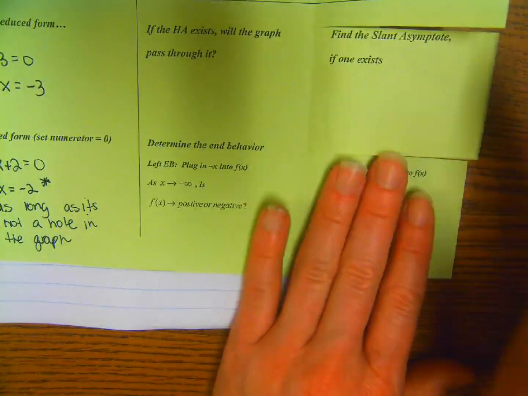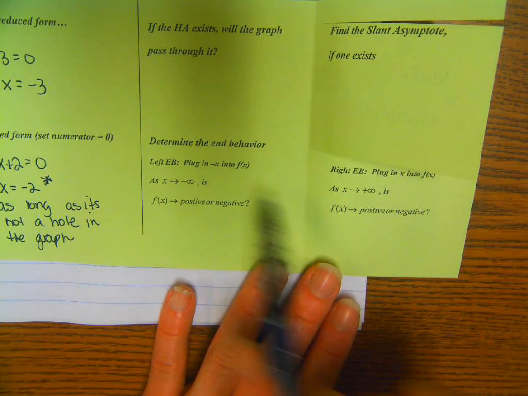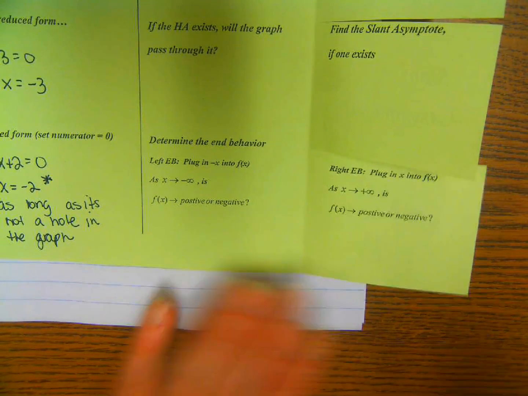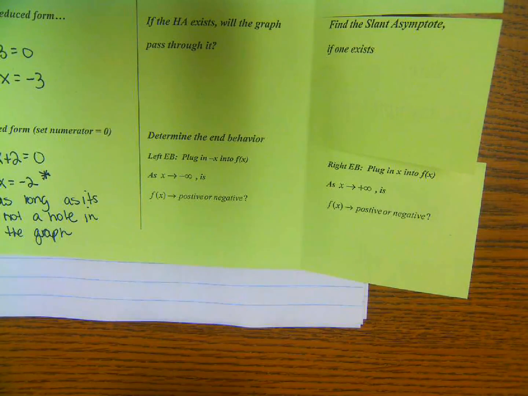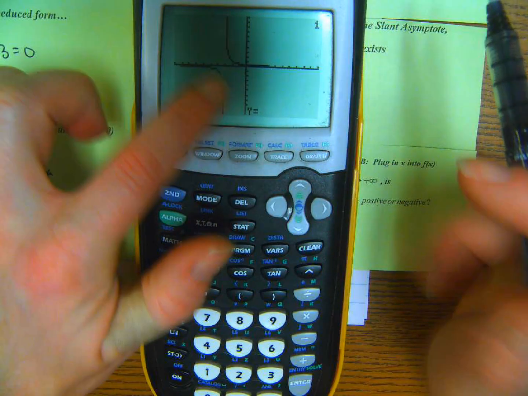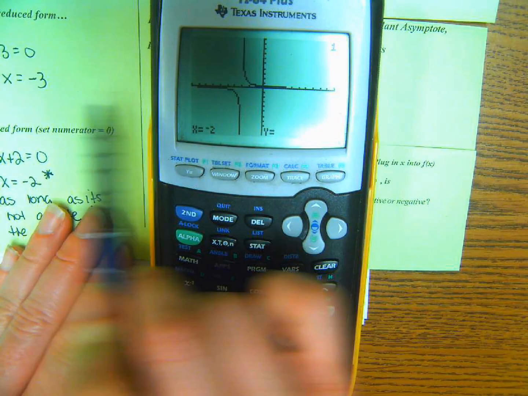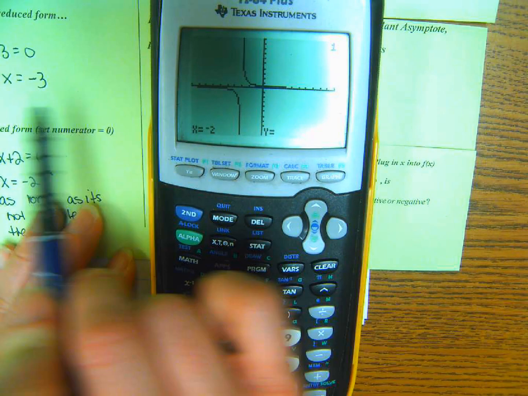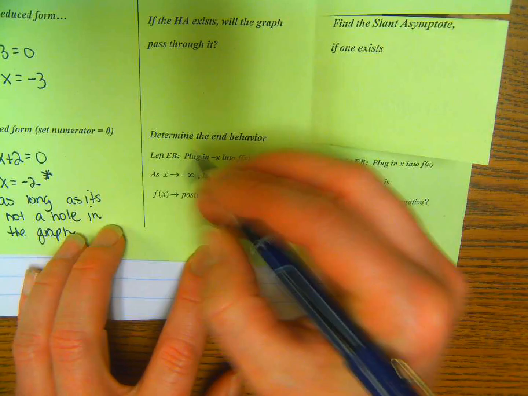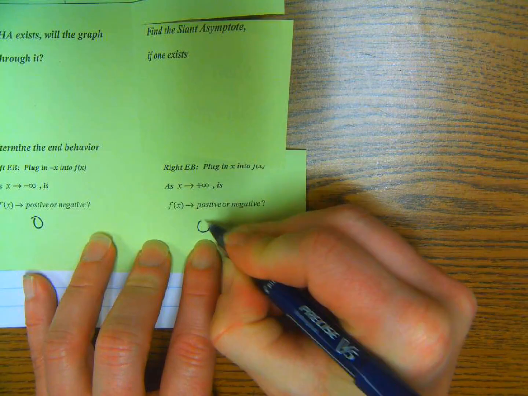Determine the end behavior. The end behavior is the same as the asymptotes. So all I'm going to just tell you is before where they blew up to infinity and negative infinity. Zero.